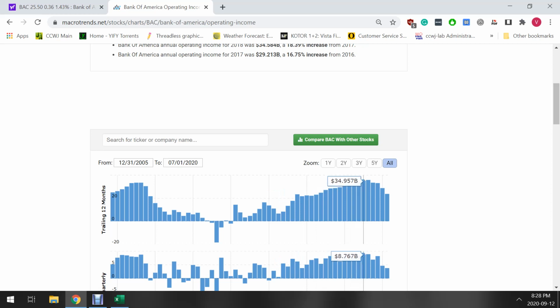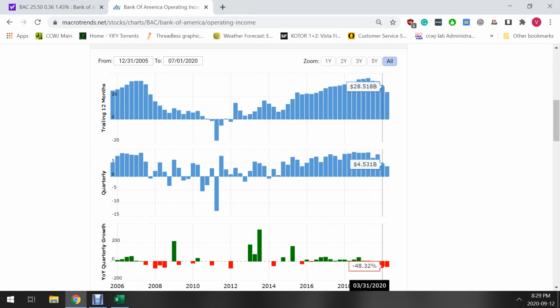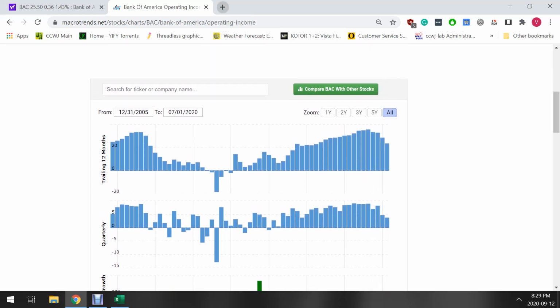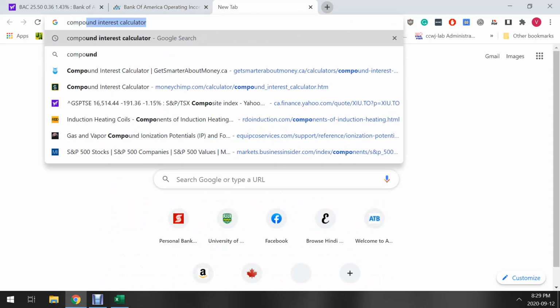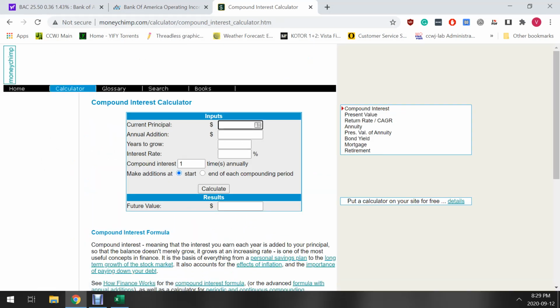So the operating income is increasing. So what we can do is we can look at 2015 income, which is around 13 billion dollars, right? And then we can see it has become up to, let's say 28, that's more representative. You can go to a compound interest calculator, right? And you can go to MoneyChimp, and then let's say 12, you can put here 12, that's the current principal.